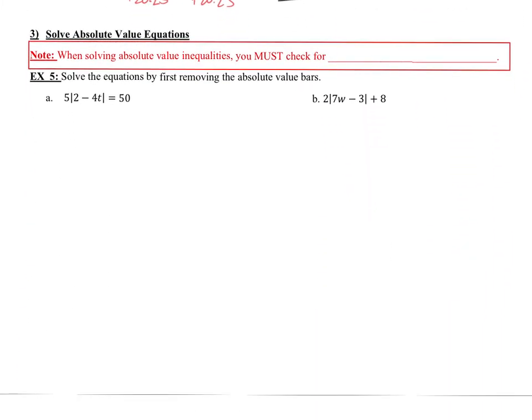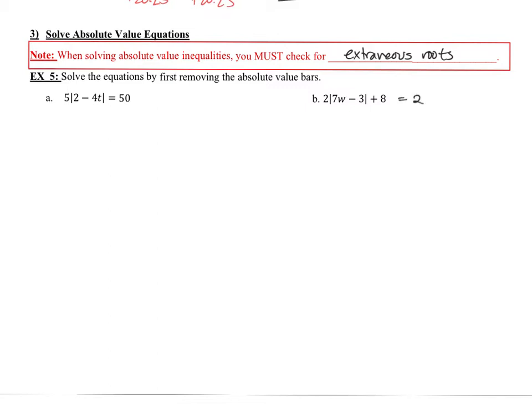Okay, let's look at this. Solving absolute value equations. When solving absolute value equations, you must check for extraneous roots. And you must also remember that absolute values cannot equal a negative value. Okay, one thing here that I need to fix is this should equal 2.